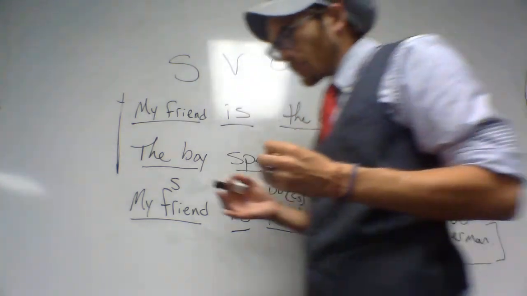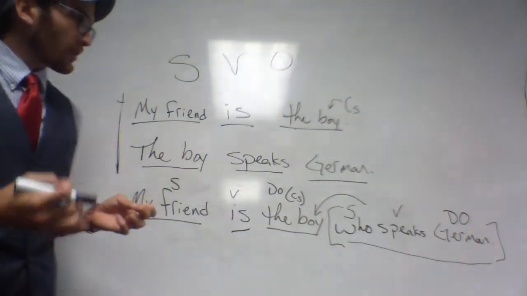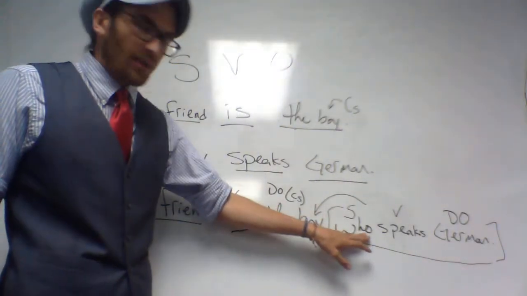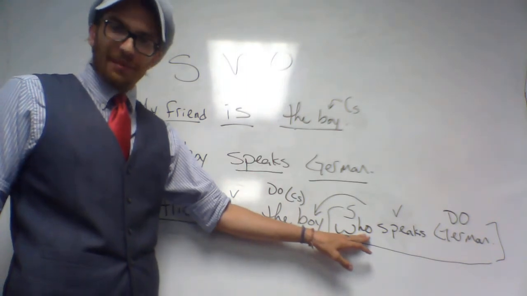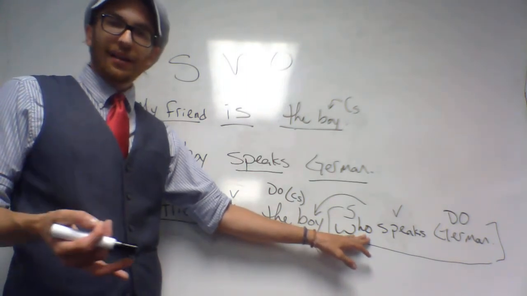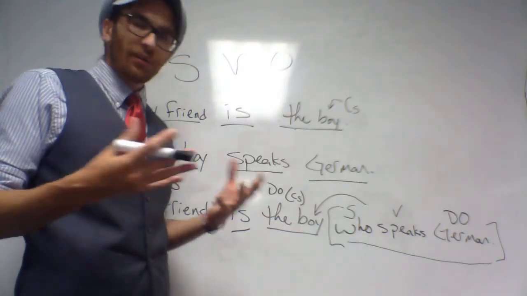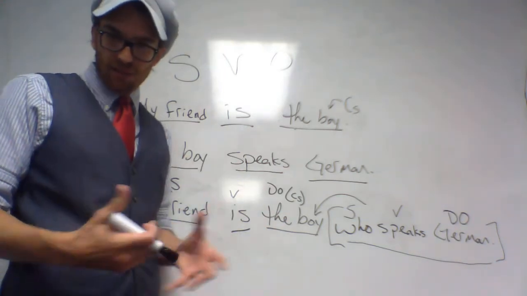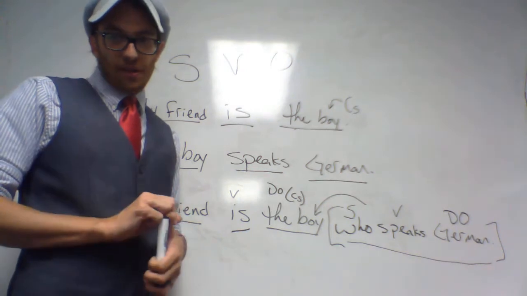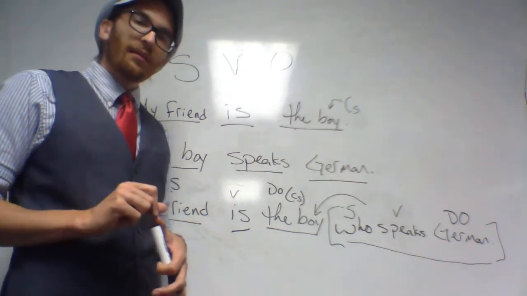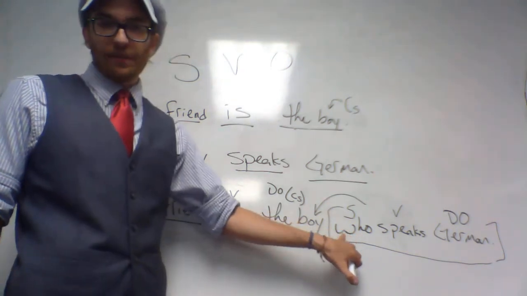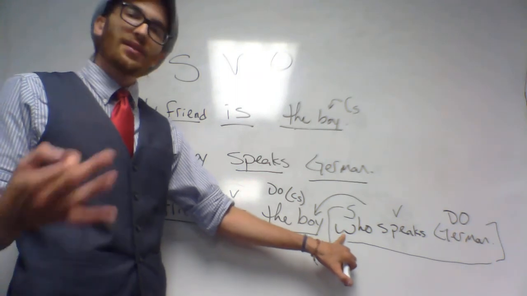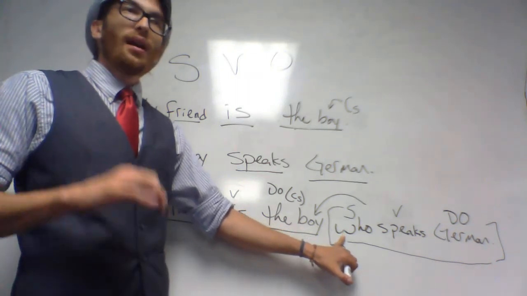So far we've only talked about relative pronouns in subject position, but this isn't the only kind of syntax in a relative clause. Sometimes your relative pronoun is not the subject of the relative clause.